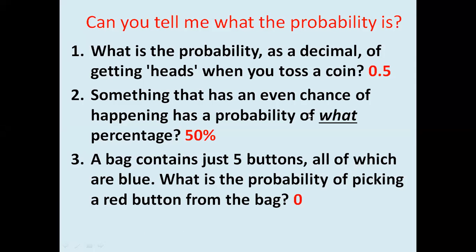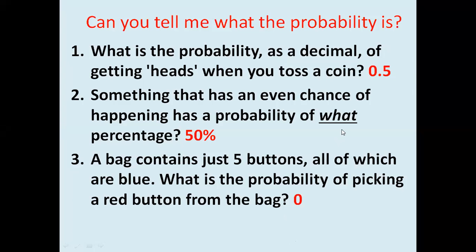Jude? Yes, teacher. When they ask what is the possibility, should we write a number or impossible, unlikely, likely? Is it important to write a number? No. What's the possibility? It's not necessary to write a number, but when you are asked what's the probability, you have to write a number.